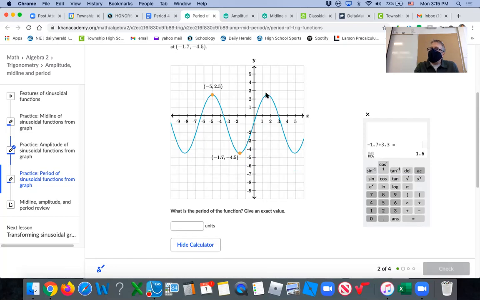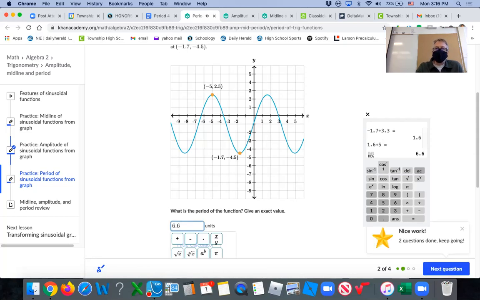Now that is the x value here, not the period. I now need the distance from 1.6 to -5. Well, that's going to be 1.6 plus 5 because we're talking distance here, which of course is 6.6. So that would be my period. So I found 2 corresponding points and found the distance between those 2 points.